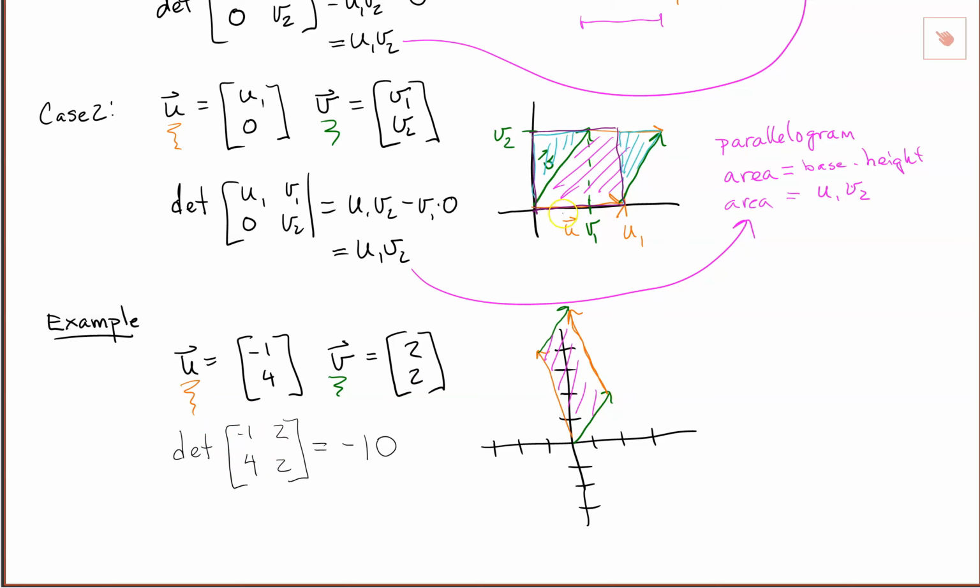And you'll notice that that's backwards from what we did here. Here we swept from the first column vector around counterclockwise to the second column vector. So in this case, it's just like having a region under the horizontal axis when you're taking an integral to find an area. And we just need to take the absolute value of this. If I had swapped these columns, I would get positive 10 as the determinant.